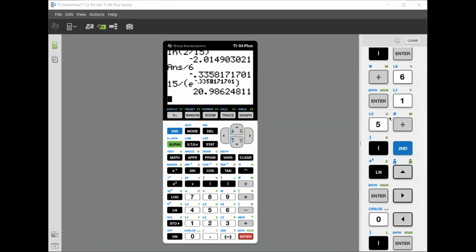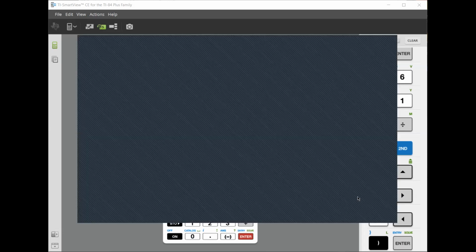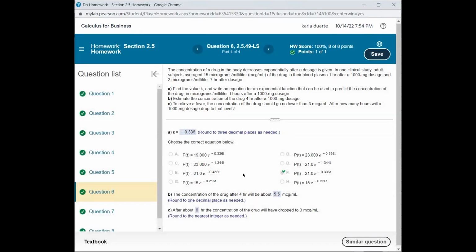So once we have this, then we can go back to the homework here. So notice that I have 21, right? There's my constant, my E, and my negative.